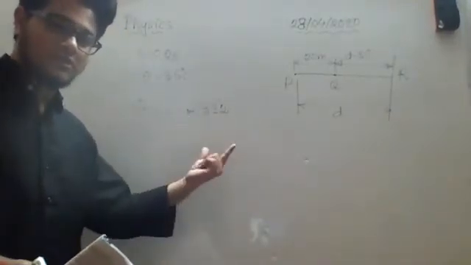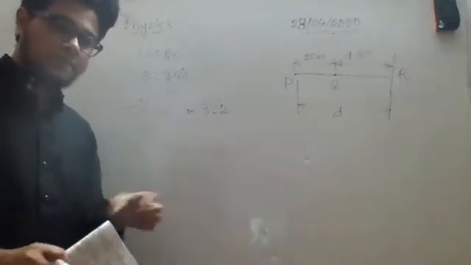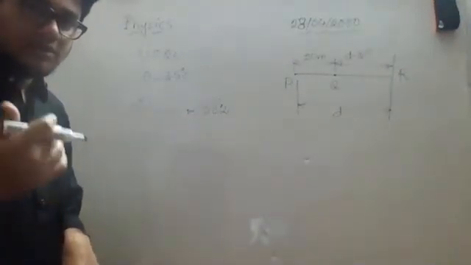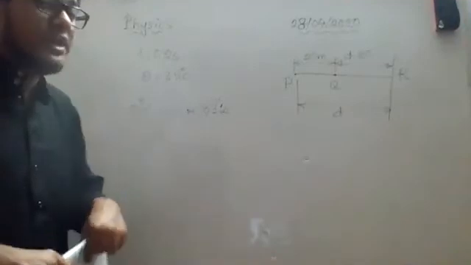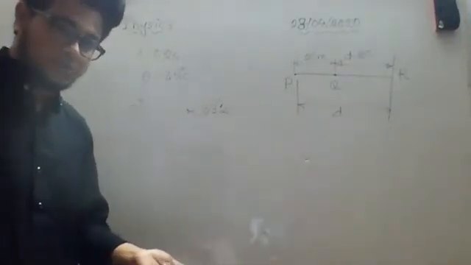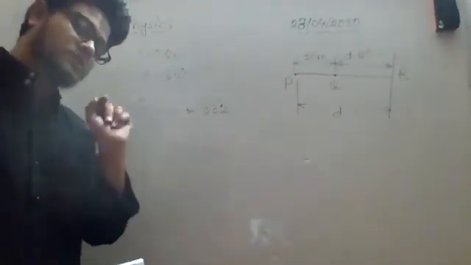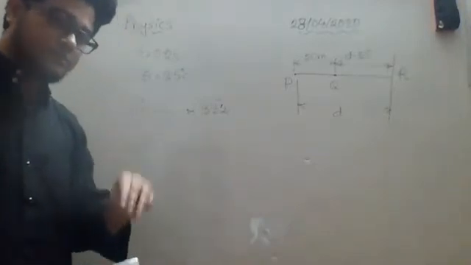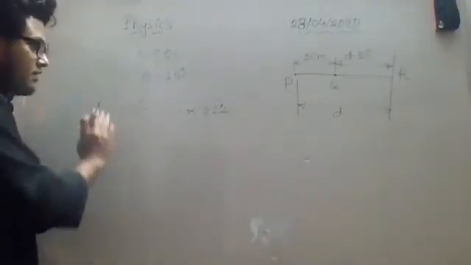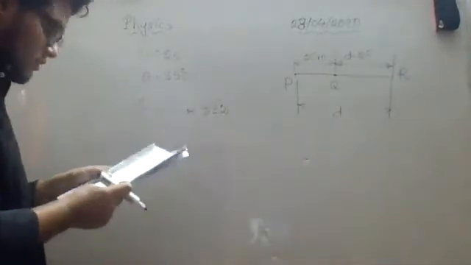If the value is not mentioned in the question, then you have the liberty to consider 330. But if it is given in the question, you have to consider that value only. If it was written 340, we would have to consider 340. Clear? So for theta degrees Celsius, the value is this one.